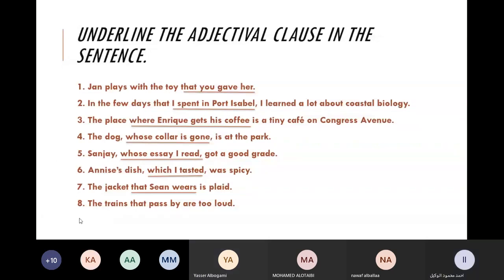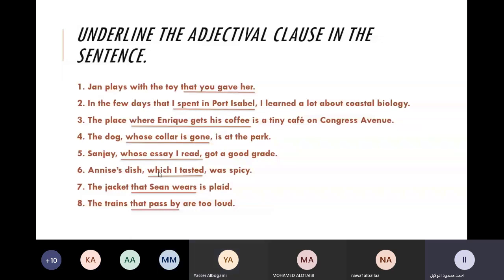Think again. Loud. Are. Loud is an adjective. Are, as said. So here the main clause is the trains are too loud, and the subordinate clause is that pass by. See, we can ellipse that pass by, and we have the full sentence: the trains are too loud. Very good, guys. Very, very good.